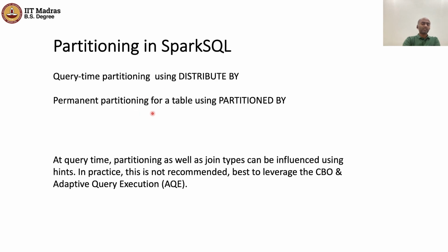The permanent partitioning for a table, you can create at the point of creation of the table. You could create it using the PARTITION BY syntax even before the table gets populated. For instance, you could say CREATE TABLE table1 PARTITION BY key; and that way the table gets created as a partitioned table.